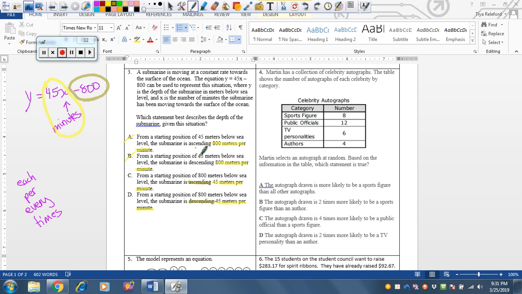It's going up. Descending is negative. It's going down. The 45 is the ascending or descending. If you read the story, are we going up or are we going down? If we are moving towards the surface.